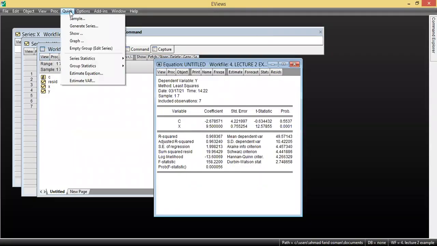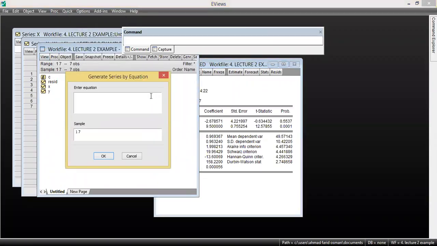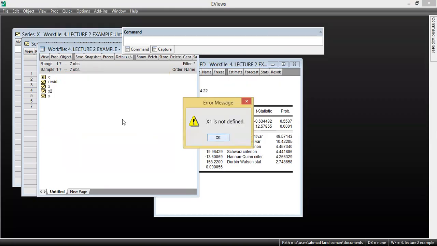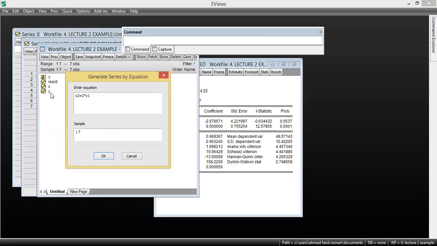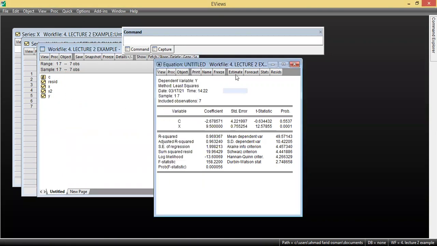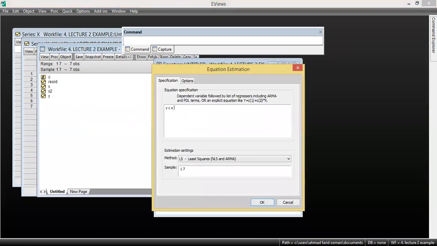We create another variable, x2, which is 2 times x. Previously we just put x, and now x2 equals 2 times x. We estimate and add the other variable.